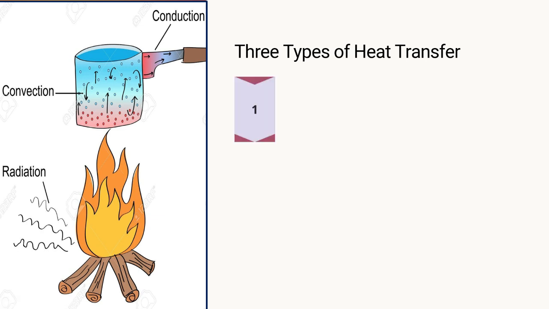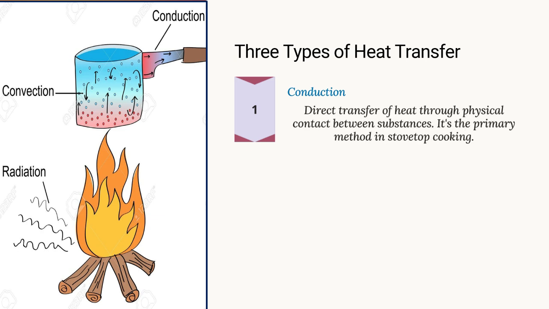First one is the conduction method. What is conduction? You can see the fire is touching the container, the metal, and the metal is getting heated through direct contact with fire. This is known as the conduction method. What is conduction? Direct transfer of heat through physical contact between substances.